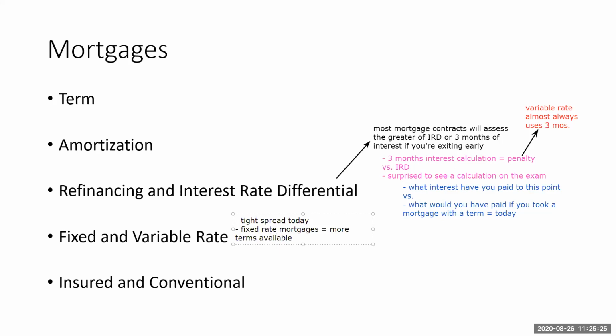Generally speaking, lenders will structure their fixed rate mortgage products first, and then they'll say, well, on top of that, where can we offer variable rates? So you typically have a smaller catalog, let's say, less options available for variable rate mortgages.